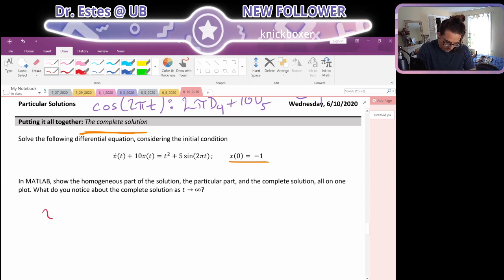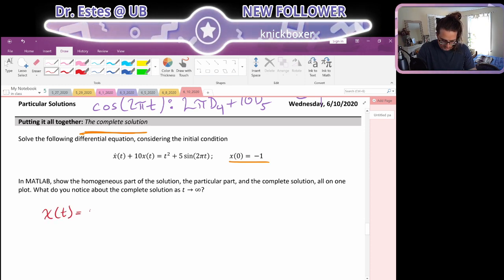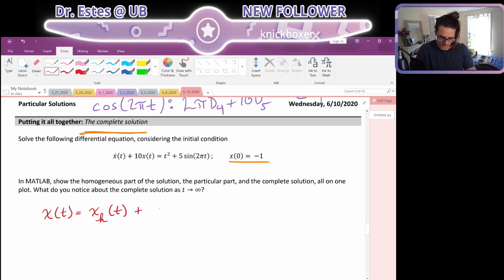So, x of t is going to be the summation of the homogeneous and the particular parts.